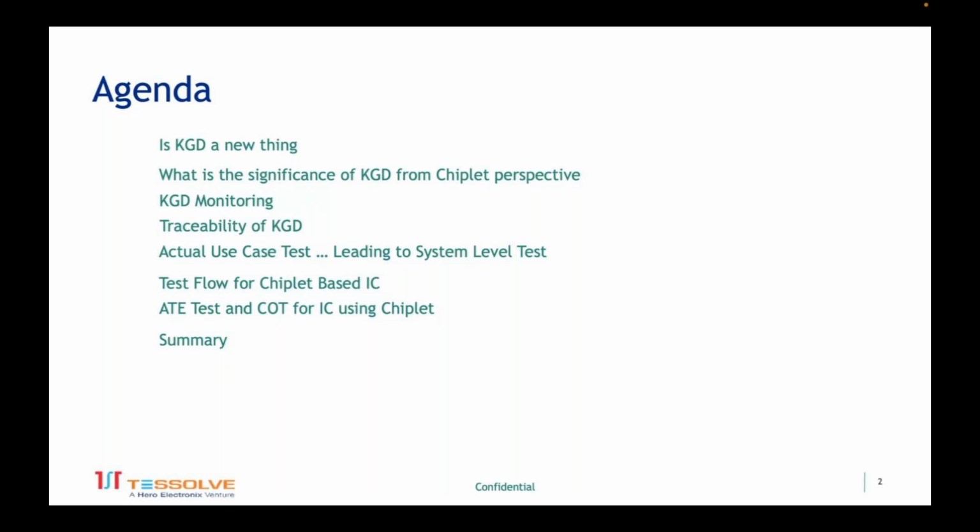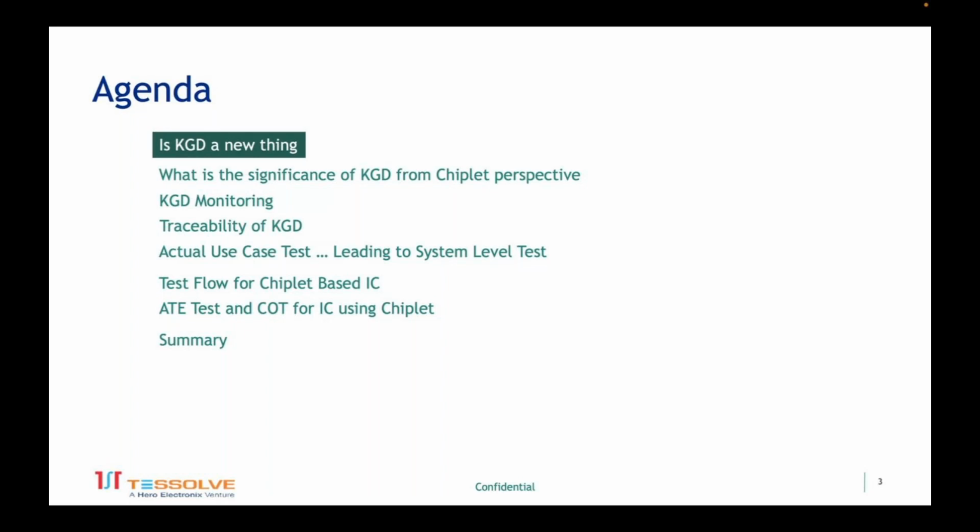Then, if time permits, we will go a little deeper with some examples from our internal case studies. We'll talk about AT test and COT, keeping chiplets as a perspective. Then we'll do a quick summary. So this is the flow by which we'll be going for the next 50-60 minutes.